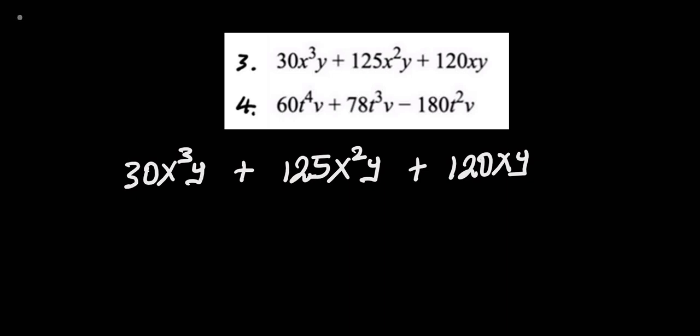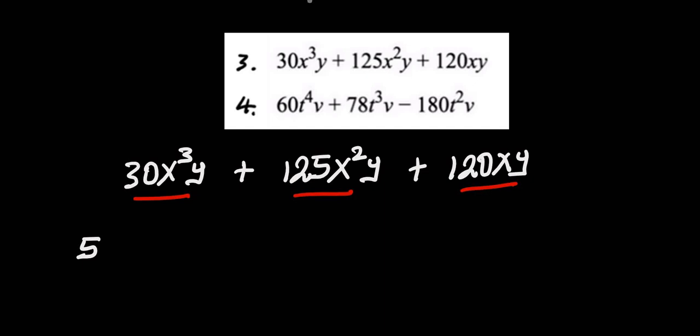So to solve this problem, first we need to find the GCF of these three terms. And the GCF of these three terms would be, first we find the GCF of the numbers, which is 30, 125, and 120, and that's going to be 5.